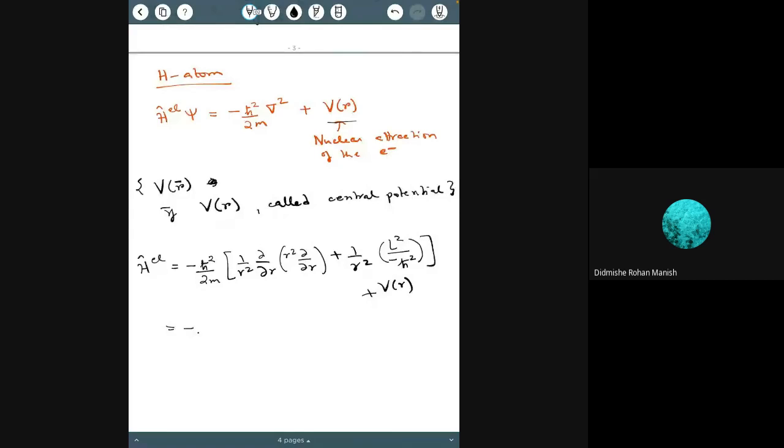So this is the same as 1 by r del square r del. Okay, then put a psi here. Then it will look better. Square. r square.